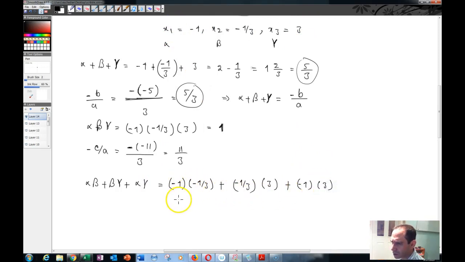So that's positive 1/3, and that's -1, and that's -3. So that's 1/3 minus 4, which is equal to -5 and 2/3, which is equal to -17/3.